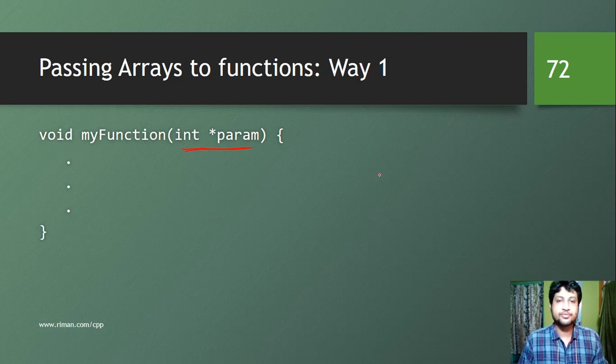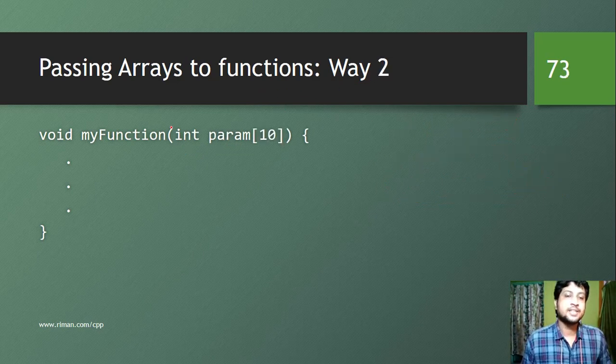For calling this, we can write myFunction(arr), where suppose int arr[20]. So suppose this is an integer array of 20 elements. We can just send the array using a function definition like this, void myFunction(int *param), where we have passed this argument. So the function signature will look like this. You only have to use the array name.